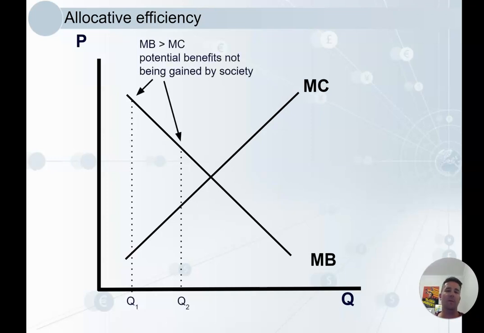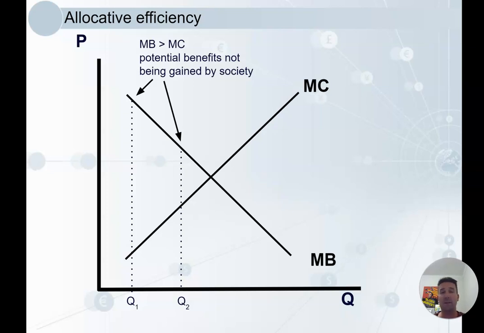Right, so if the price is over here, so it's causing quantity to be Q1, so we'll have a price up here, right? At this point, marginal benefit to the consumers is greater than the marginal cost to producers. So marginal benefit to society is greater than the marginal cost to society.